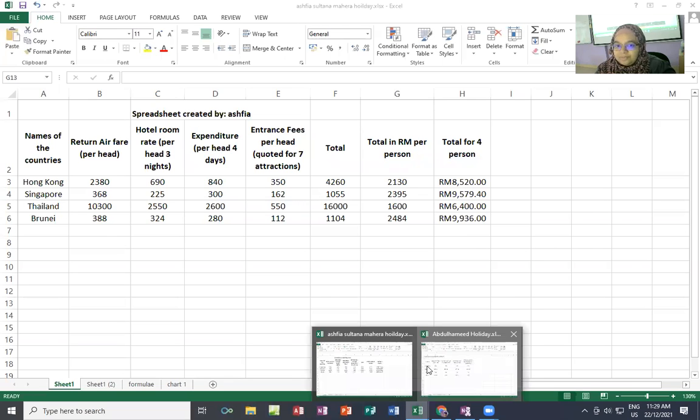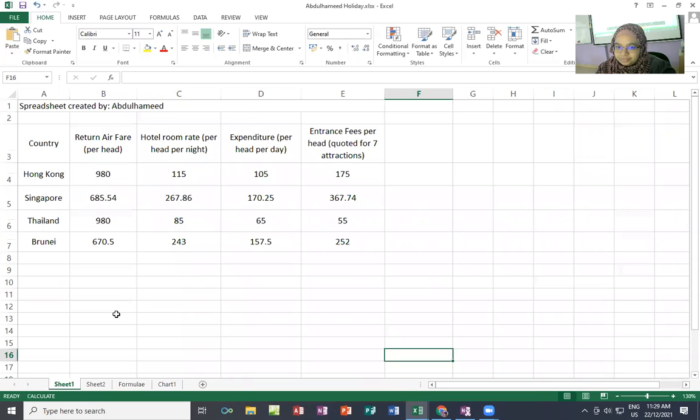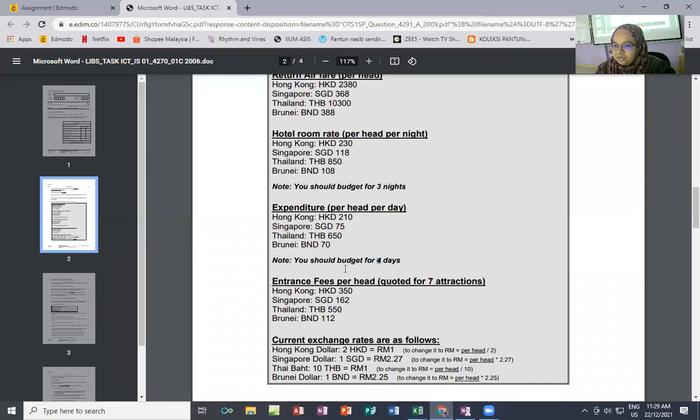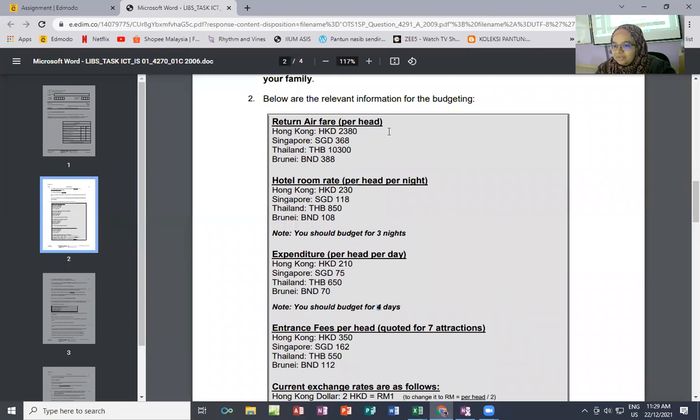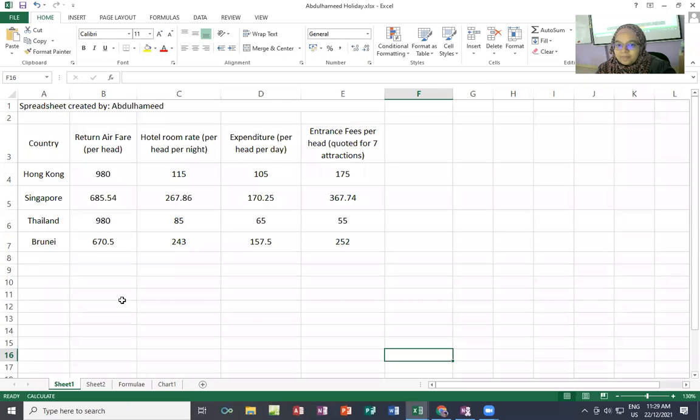So you construct the table according to this. Return fare is how much per head, Singapore is how much, everything is how much. Just go there, return fare.